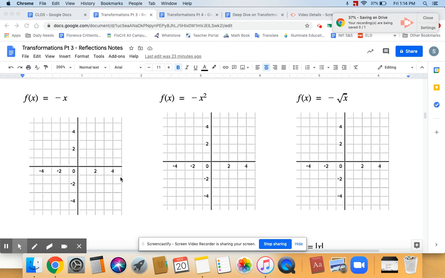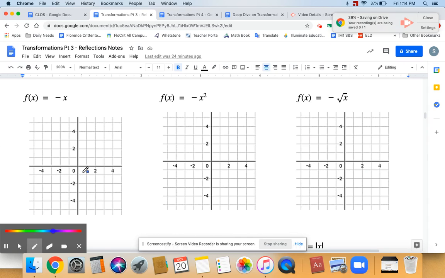I'm not going to do the constant, but the linear normally would have a point at 0, 0. Then it'll go over one, up one, but instead it's going to go down. Instead of left and down, it's going to go up. And then it's a straight line through there.